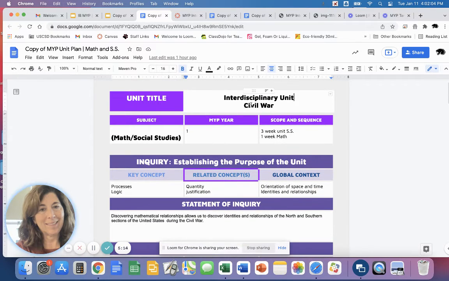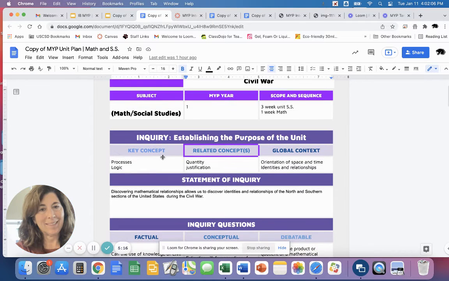For this one that I explained, Civil War math, some of the key concepts were processing and logic. We took from math and social studies for the quantity and also justification. So justifying what date the Emancipation Proclamation was announced, you had to quantify that.